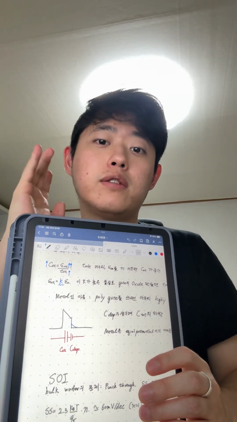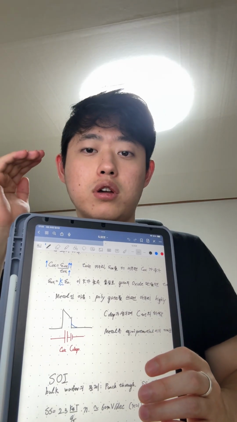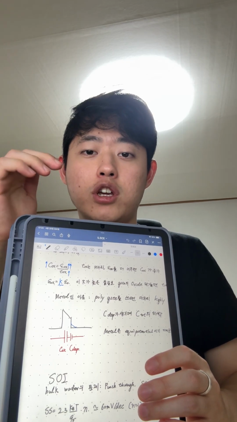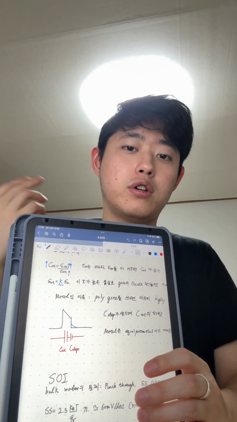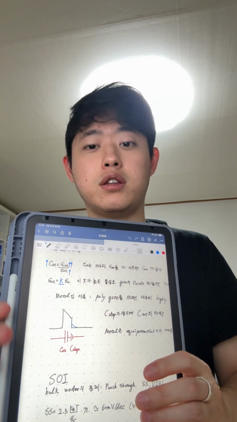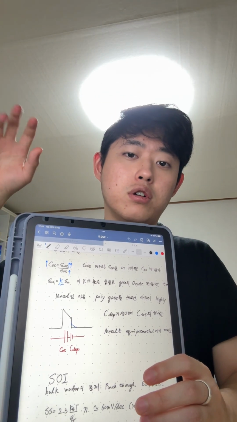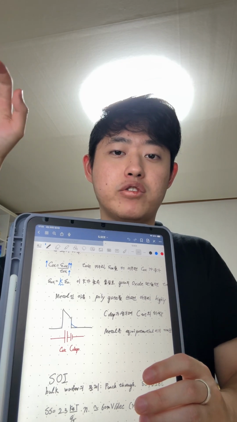And we cannot use a semiconductor gate in HKMG because the semiconductor has depletion, and the depletion capacitance can drag down the total capacitance. So we use the metal because of the equipotential.